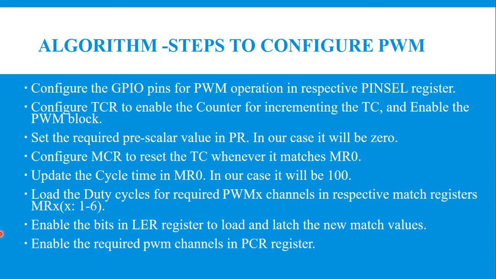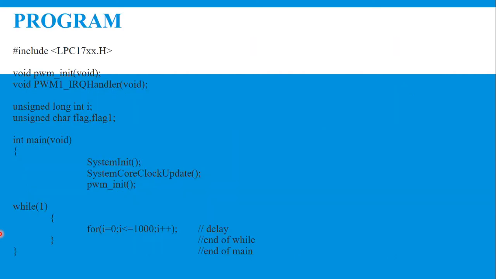The program for the internal PWM is very simple. #include LPC17xx.h defines the definitions of the LPC1768. Then void PWM init, the PWM initialization block; make sure it is in small letters because this is the inbuilt function of PWM.